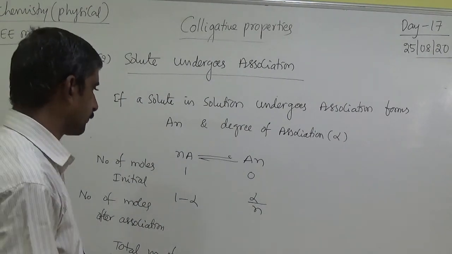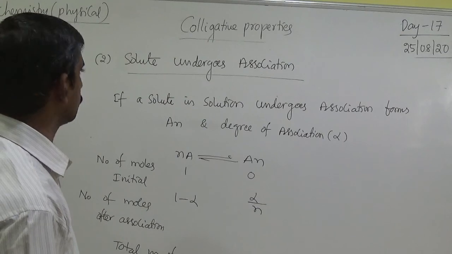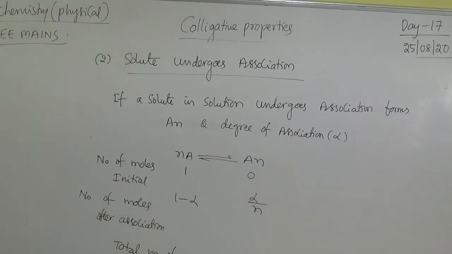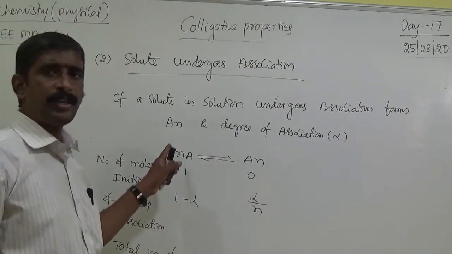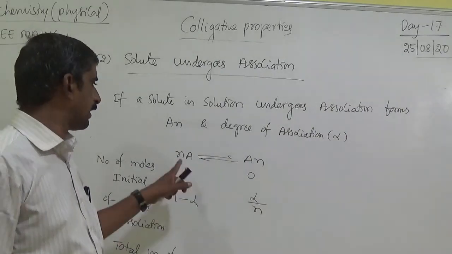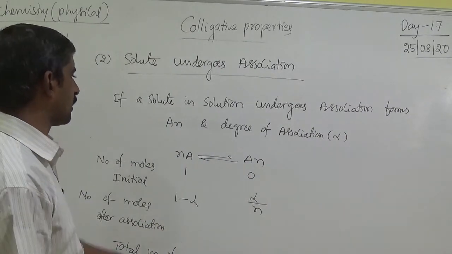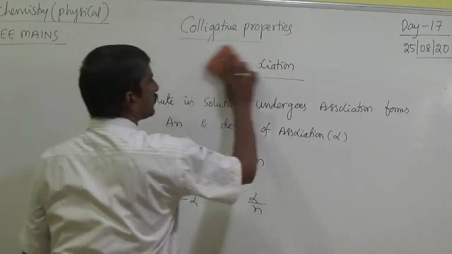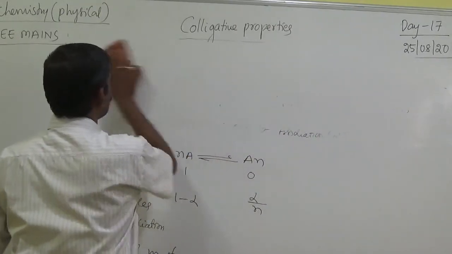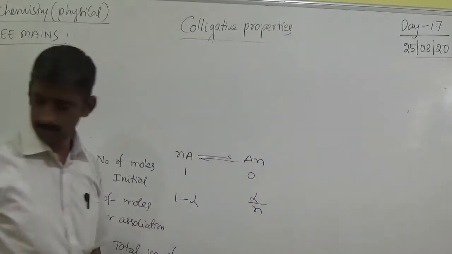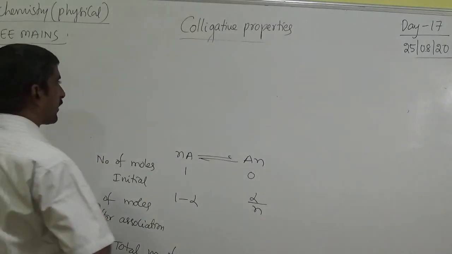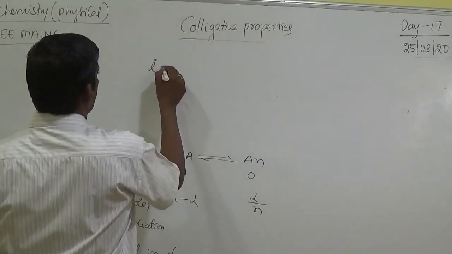Before association, nA converts to An: 1, 0 initially, then 1 minus alpha, alpha by n. Next is the Van't Hoff factor.